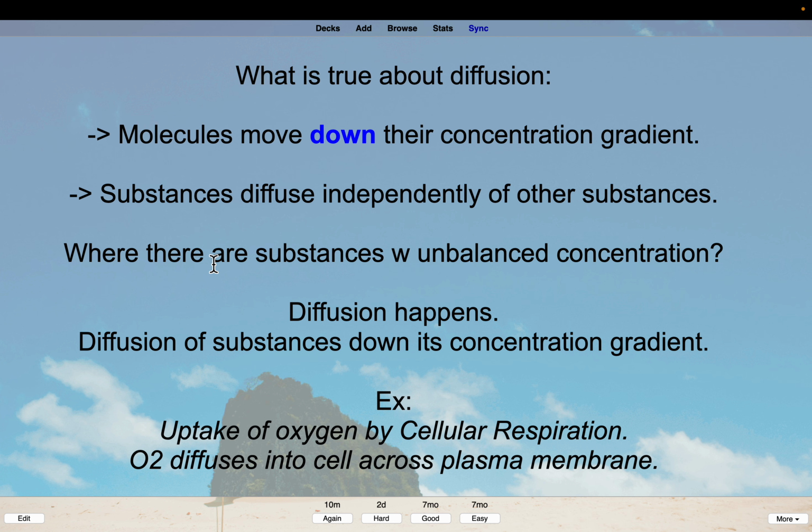Diffusion of substances down its concentration gradient. One example of diffusion is the uptake of oxygen by cellular respiration, where oxygen diffuses into the cell across a plasma membrane.